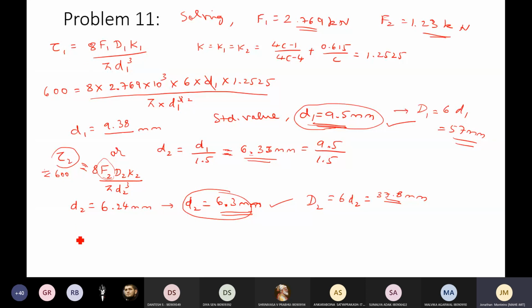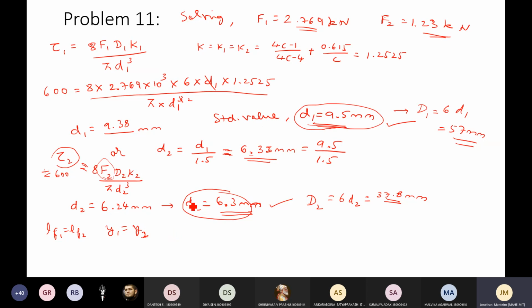Now one very important thing you have to notice, since free lengths are the same, we have LF1 equal to LF2. You can find that out later, but it is not asked here. It also implies that Y1 is equal to Y2, correct? Whatever deflection occurs in the first spring should also occur in the second spring. Both have the same free length.